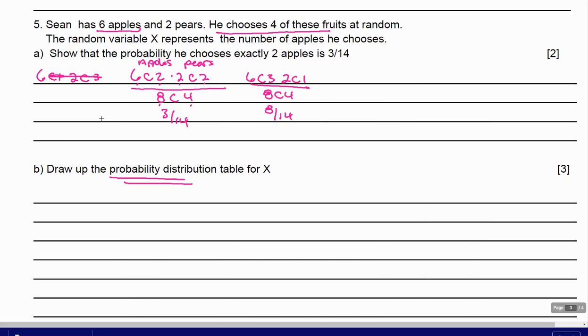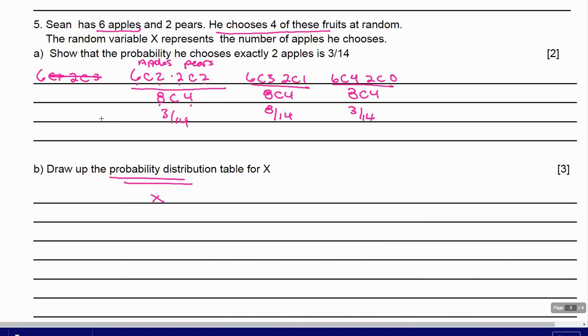Now, is it possible to choose 4 apples? If I do, how many pears am I going to choose? All right, now I've got everything I need for my probability distribution table. I put a little x, and what are the possible things that could happen?